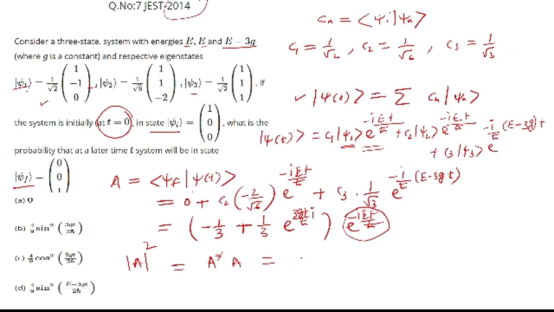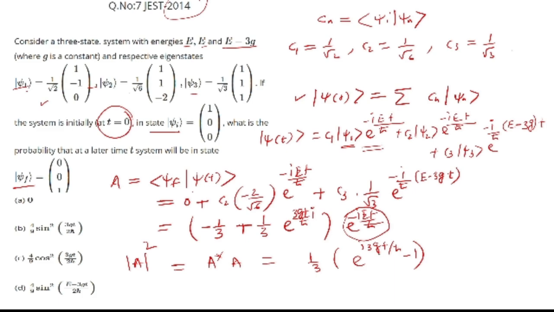So it gives 1/3 into 1/3 into e to the power iota 3gt divided by h cross minus 1. We have to multiply with the same thing with the negative sign.